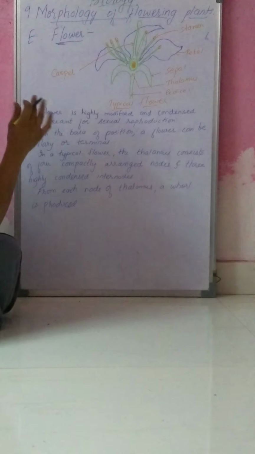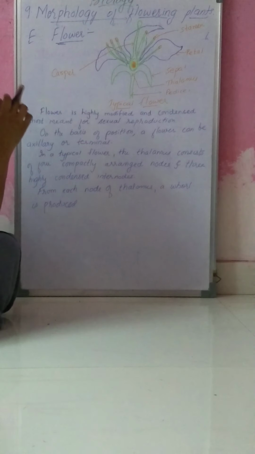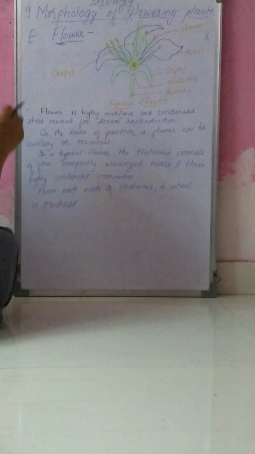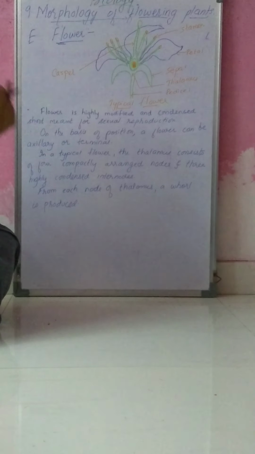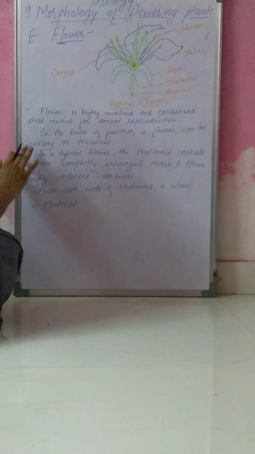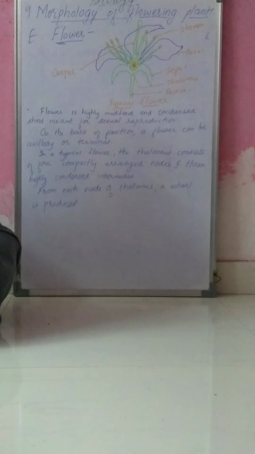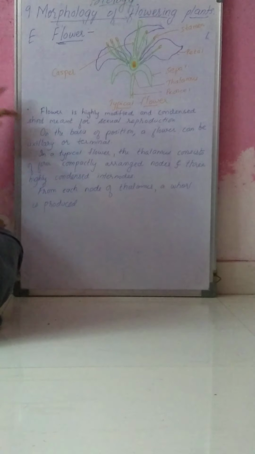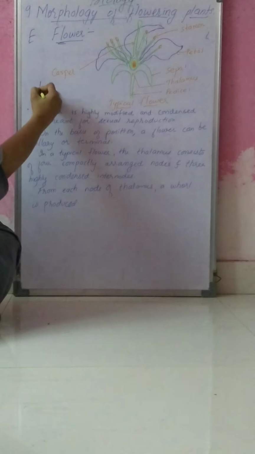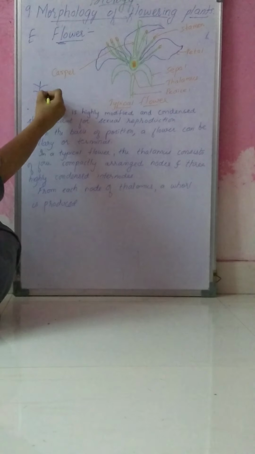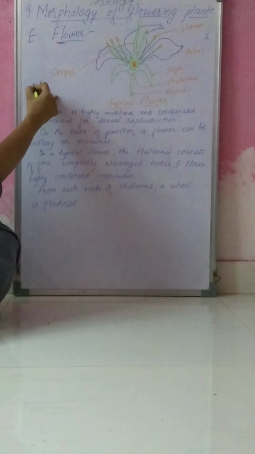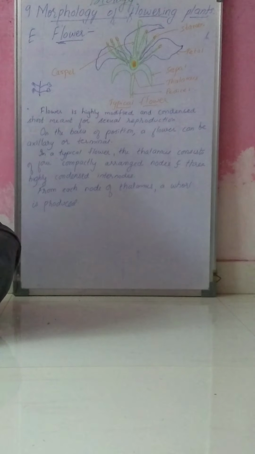Now if you see the position of the flower, on the basis of position, you can call a flower to be axillary or terminal. Axillary means if they grow on the axis, we call it as axillary flower. Okay?